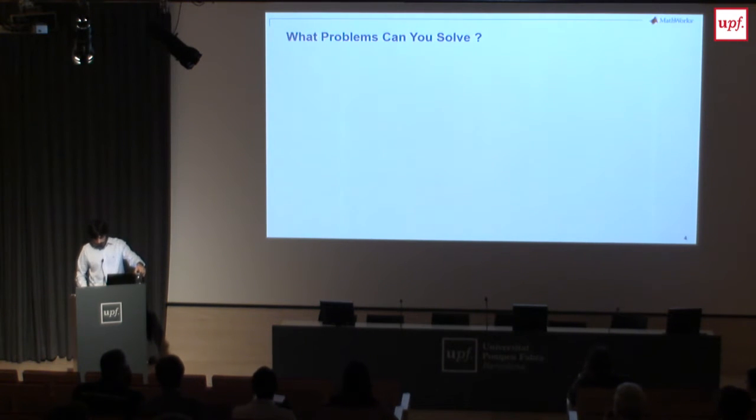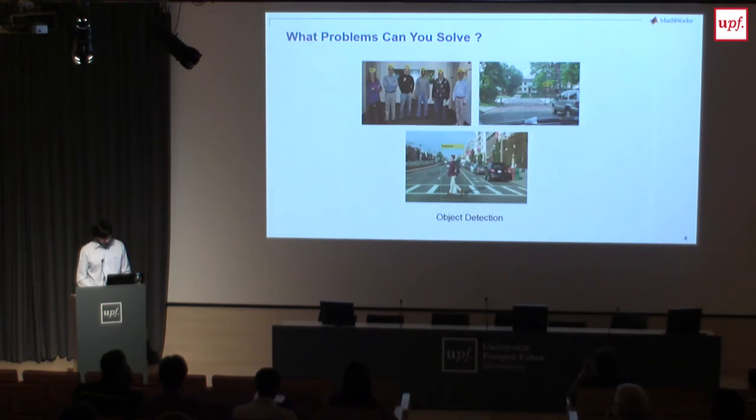All right, so what kind of problems can you solve using computer vision with MATLAB? Well, there's a lot. To start with, object detection is getting more and more used in our daily lives. Today, almost every smartphone has a camera app that will detect your face when you're about to take a picture.